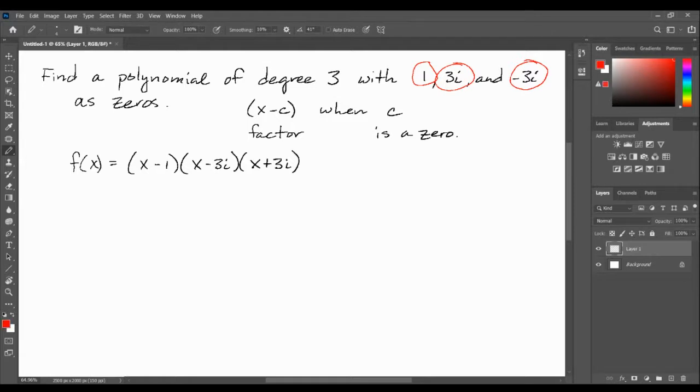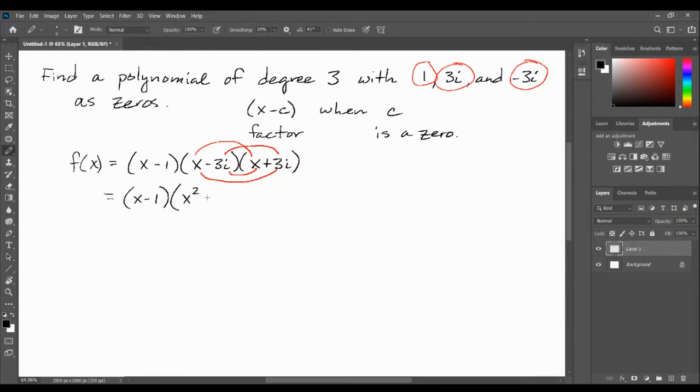And now I can just multiply these together. And I do have to multiply these together. So I'm just going to FOIL this one over here. First, outside, inside, last. I'll keep the x minus 1 for now, because I need to multiply that through. So first is x times x, that's x squared.